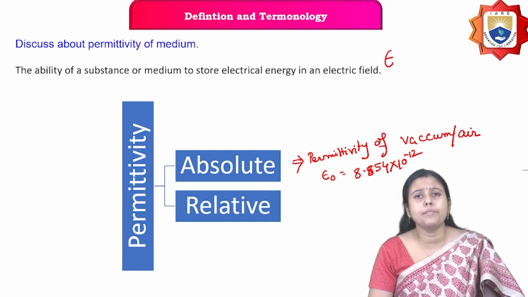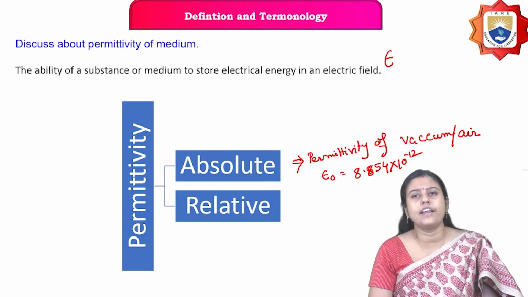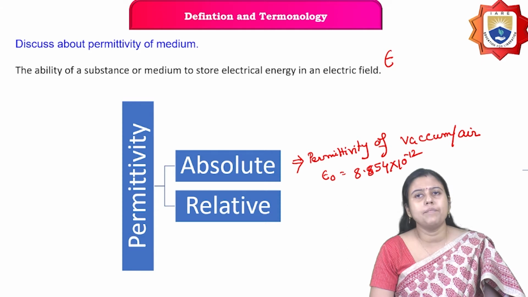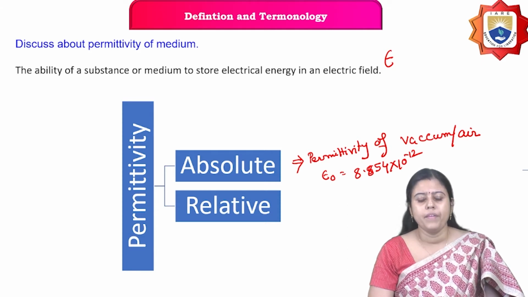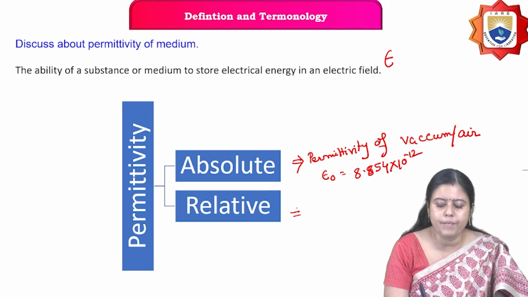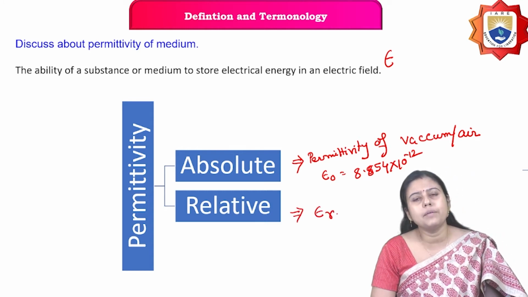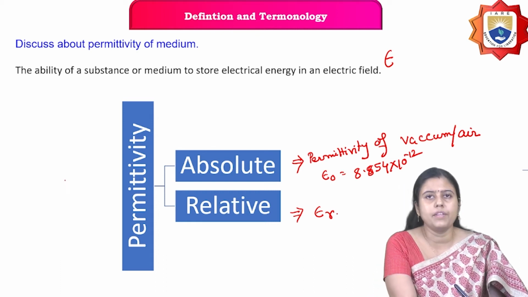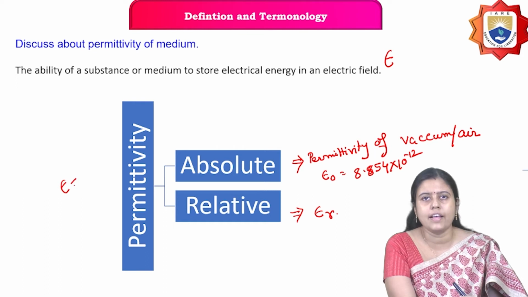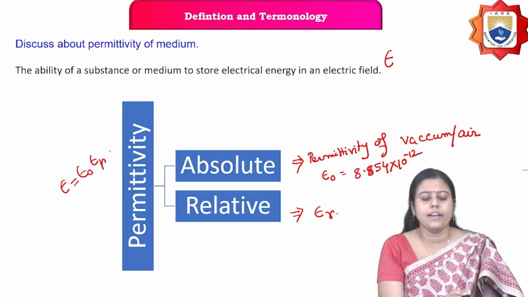Then what is relative permittivity? Relative permittivity is the ratio of the original permittivity divided by the absolute permittivity, and we write it as epsilon r. The permittivity of any medium is written as epsilon is equal to epsilon naught epsilon r.